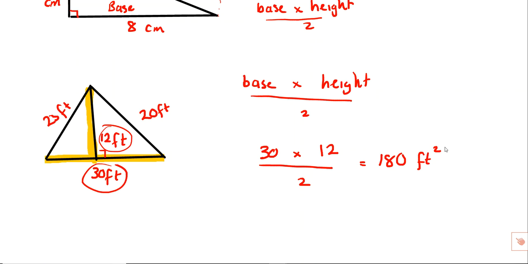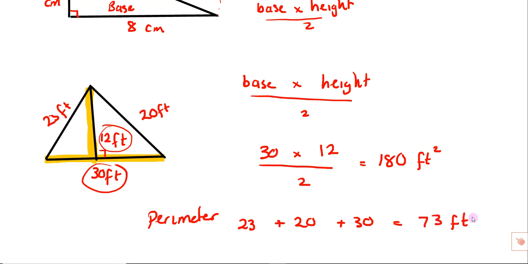Now we don't need the 23 or the 20 to work out the area, but we do need them for the perimeter. The perimeter is just all the sides added up. So the perimeter is 23 plus 20 plus 30 plus 30, which equals 73. 73 foot.